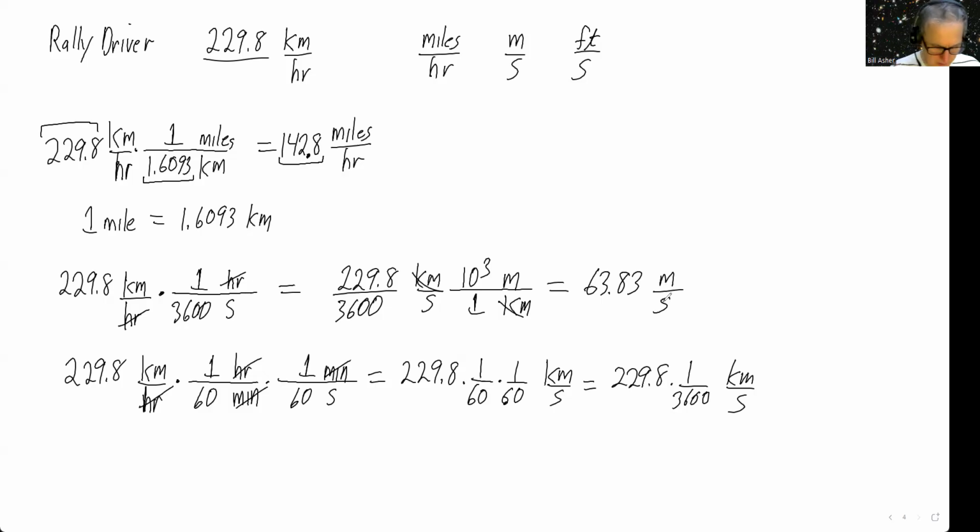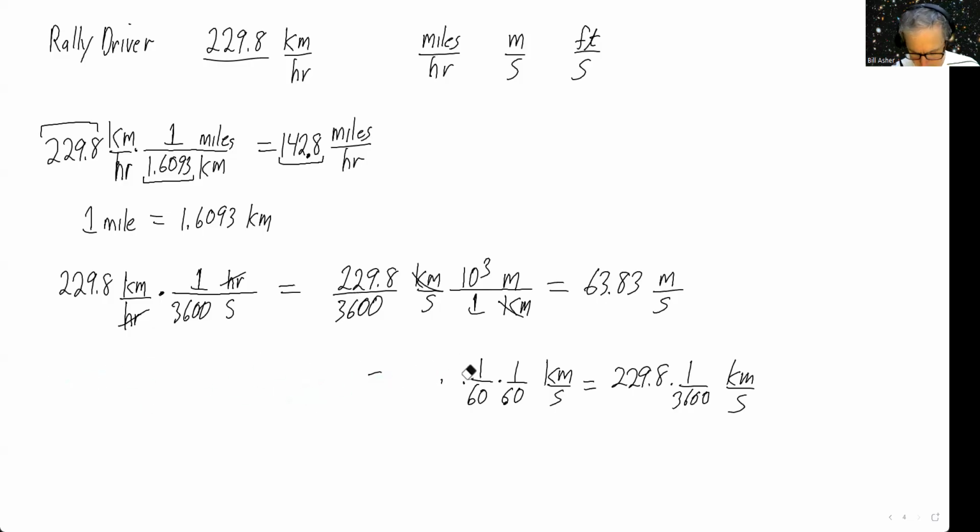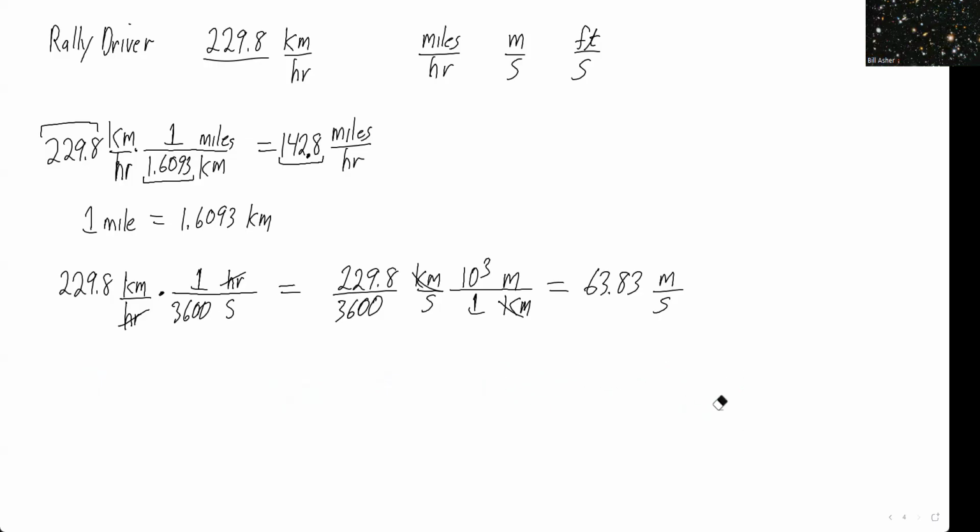Okay. And now I'm going to get rid of all of this so I can do my final conversion. Okay. And now I need to convert meters per second into feet per second. So 63.83 meters per second times, and now I need a conversion that is feet per meter.